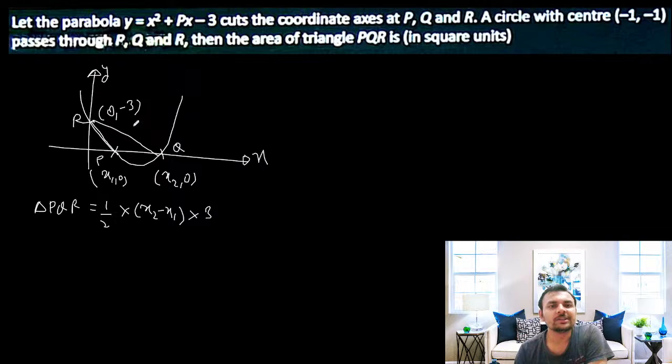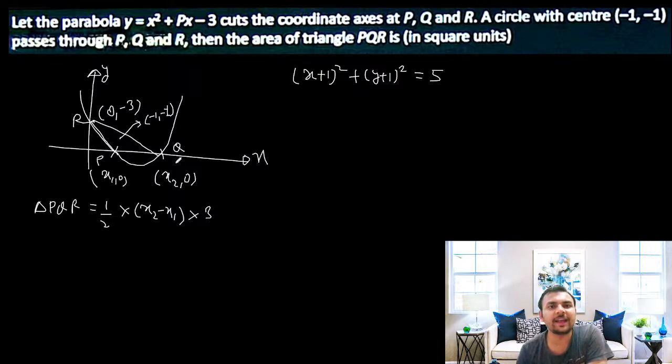Now, the circumcenter of the triangle is minus 1 comma minus 1. So we can say that the circle equation is x plus 1 whole square plus y plus 1 whole square equal to r square. We'll put 0 comma minus 3 in this. We are getting 5.